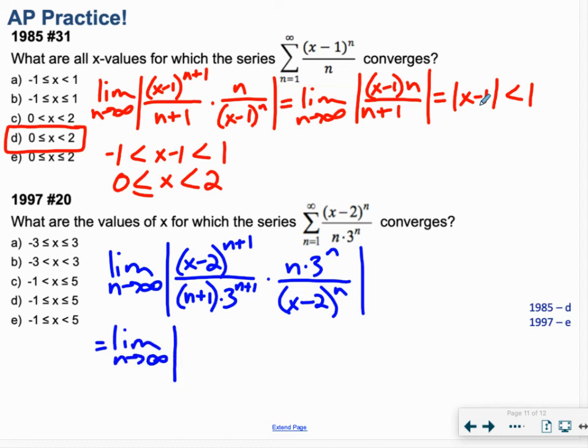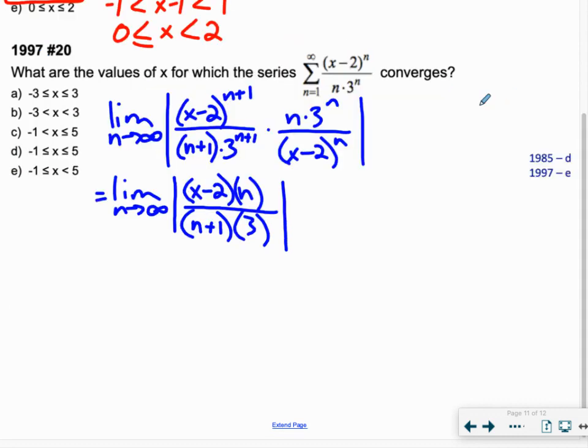So x minus 2 to the n's cancel. You're left with an x minus 2 on top. There's an n on top. And then 3 to the n cancels. So we're left with an n plus 1 on the bottom and a 3 on the bottom. N over n plus 1 as n approaches infinity goes to 1. So this limit is x minus 2 over 3.